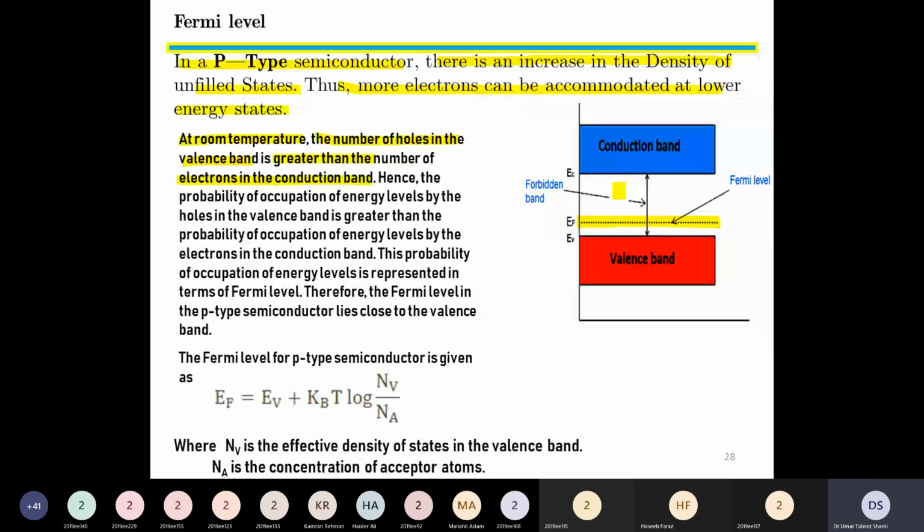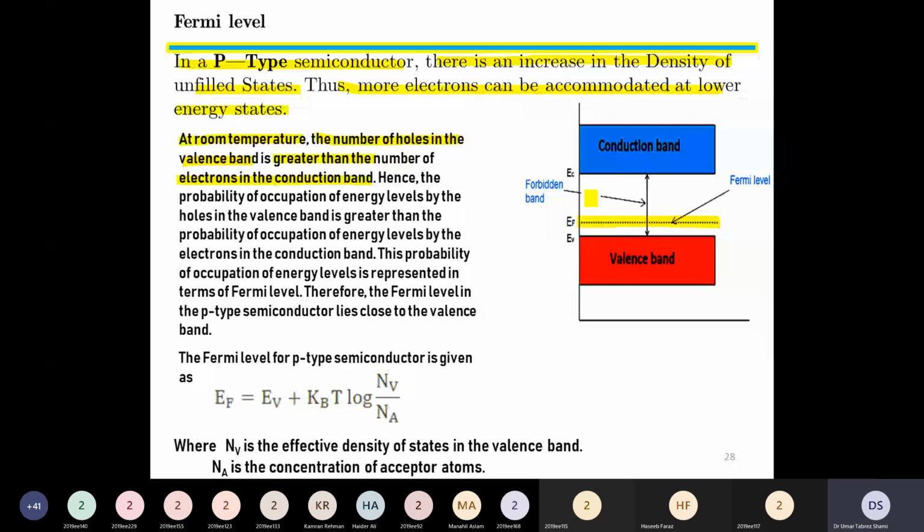This is the concept of Fermi level. So it represents the greater number of chances of occupation of holes or occupation of electrons.